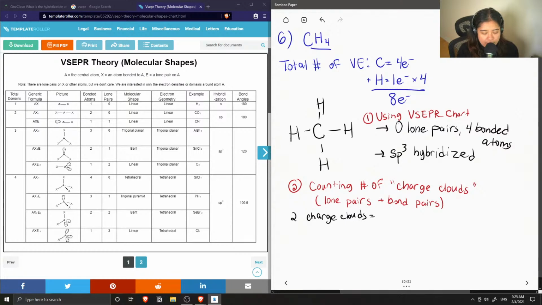Then our atom is sp hybridized. When we have 3 charge clouds, we have sp2 hybridization.